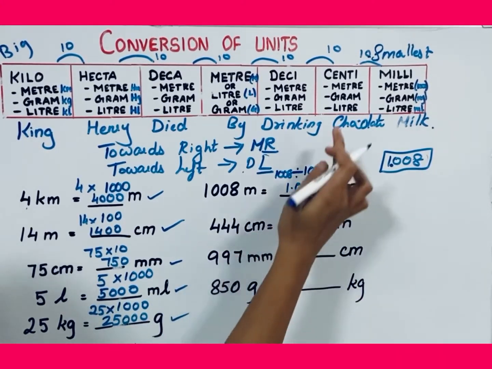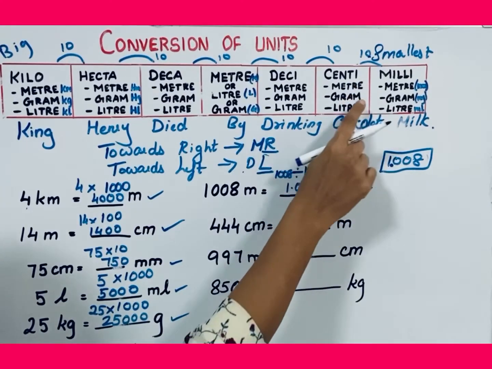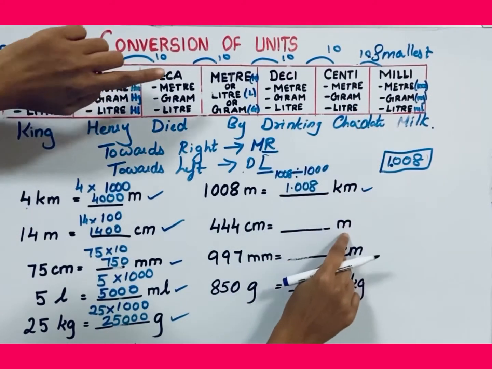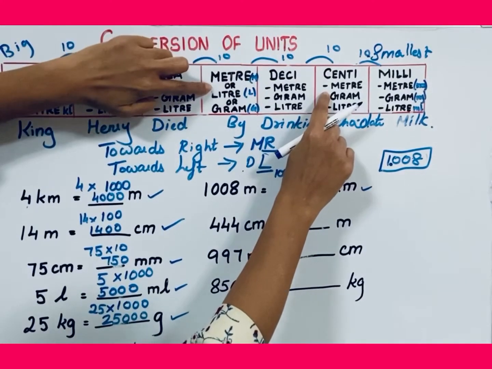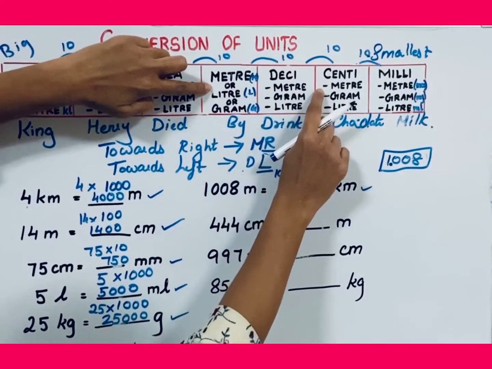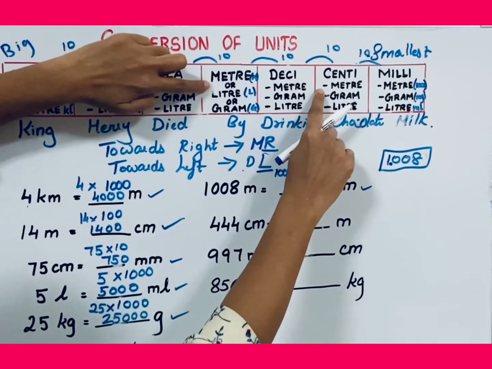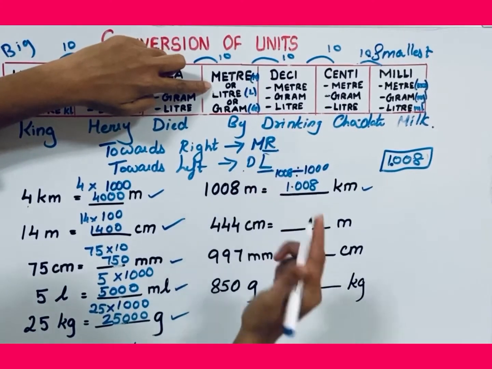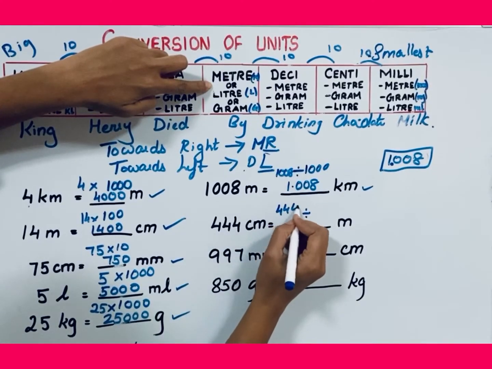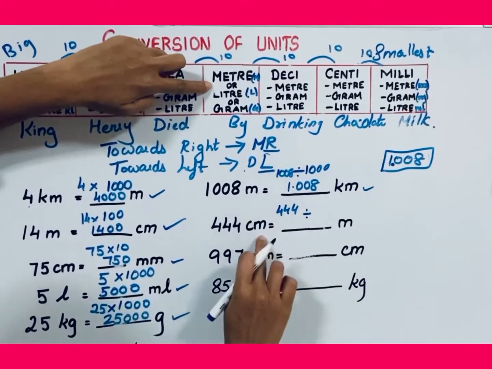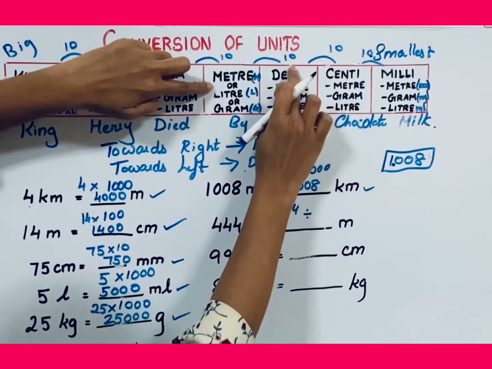Next, 444 centimeter is how many meter? cm is centimeter. From centimeter, you have to move to meter. M for meter. So from centimeter, moving towards left. So left is division. How many times do you divide? From centimeter to meter means 1, 2.